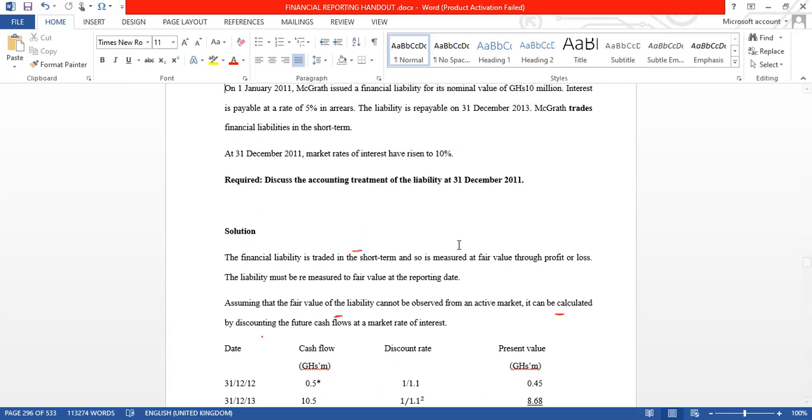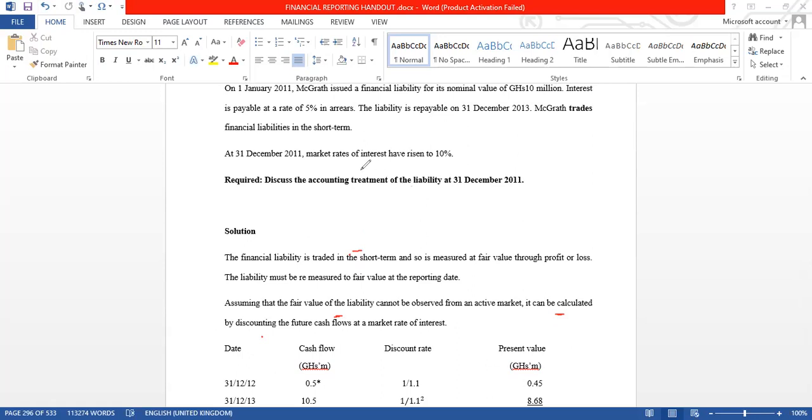So the key bit you are supposed to see is that you need to understand if this one is a debt, all right, that is having the characteristics that we spoke about. Are you going to use amortized cost or are you going to use fair value through P&L? All right.